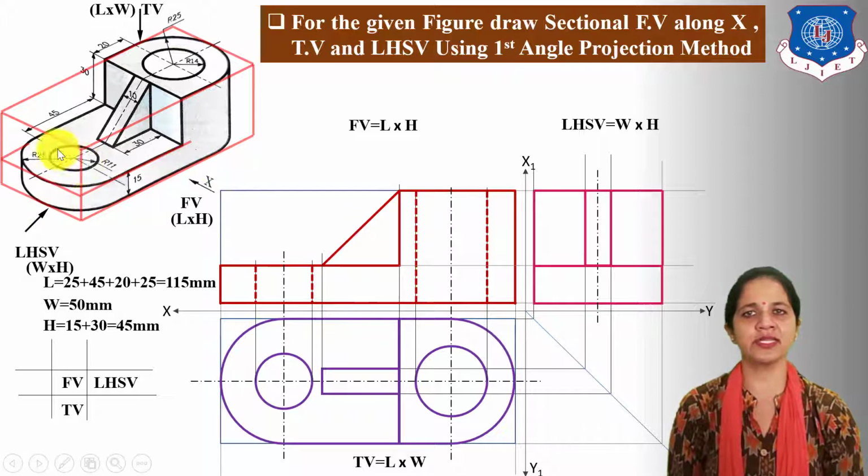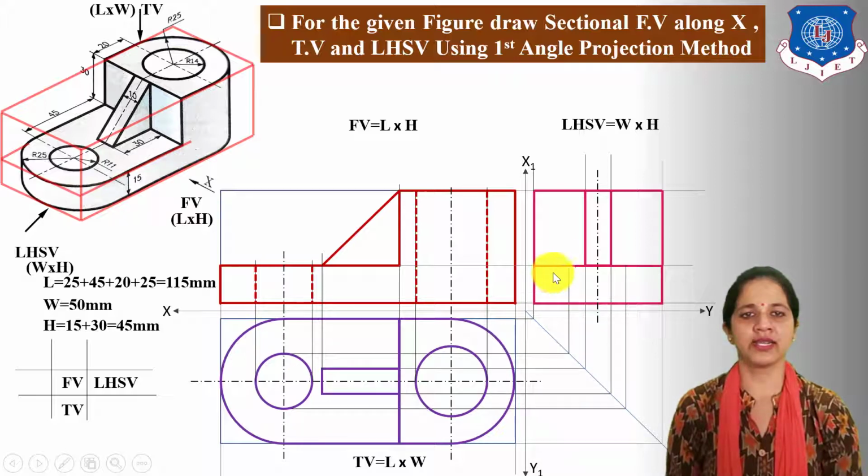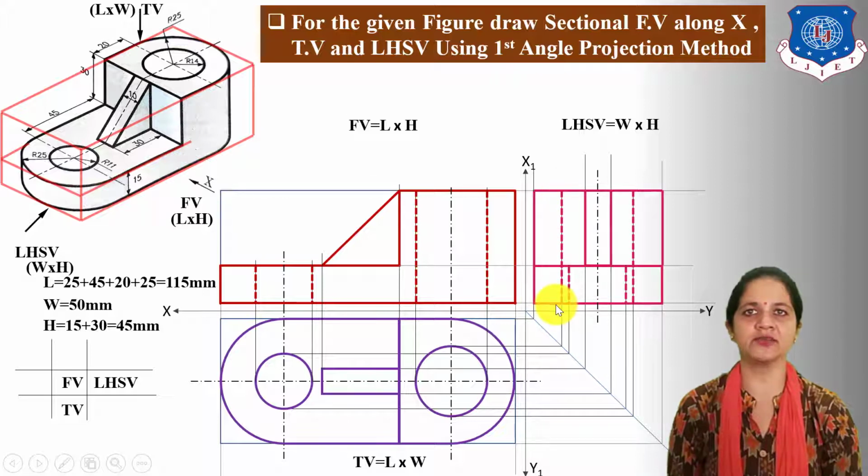Now transfer its width from top view and draw its hidden line for 11 mm radius hole up to 15 mm height. Next, transfer the width of 14 mm radius hole from top view and draw its hidden line up to throughout height which is 45 mm.